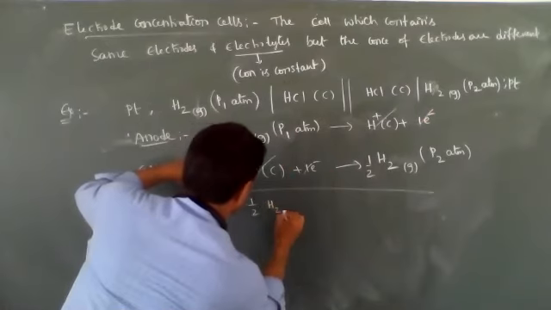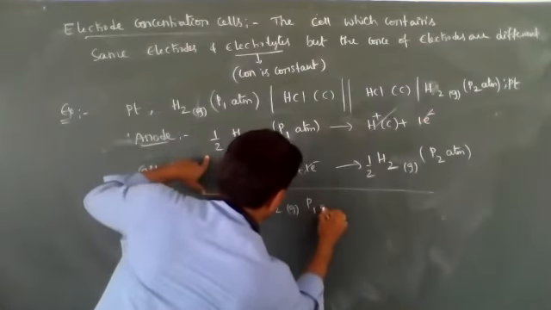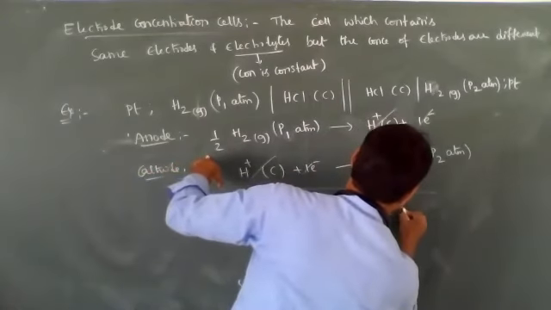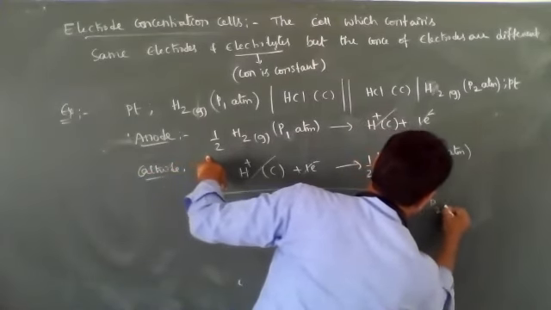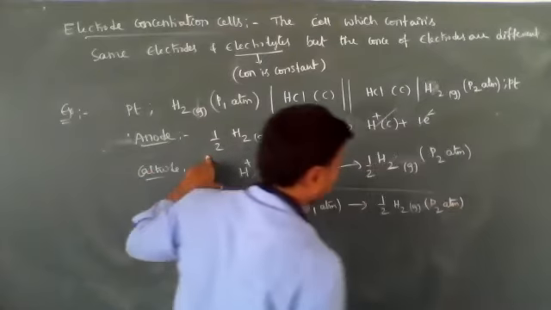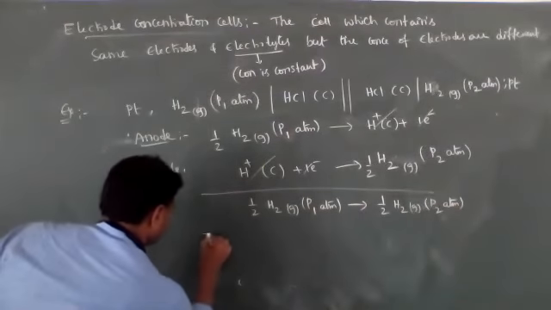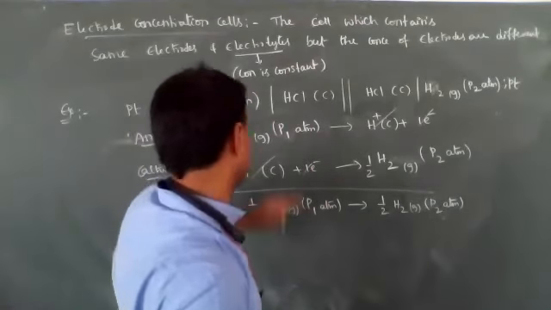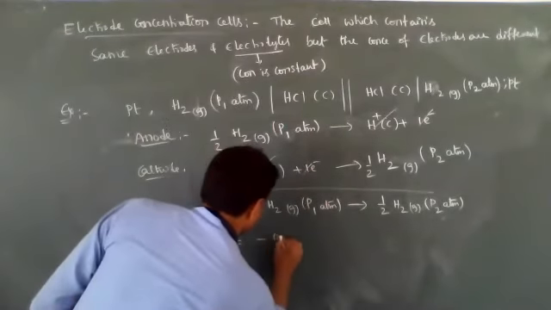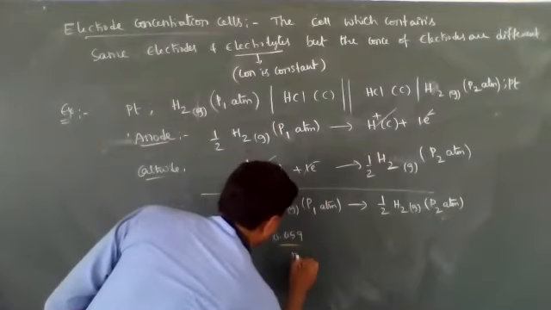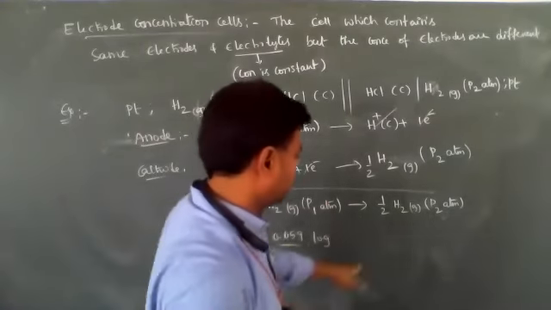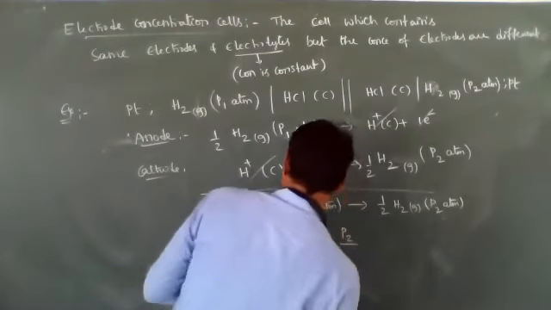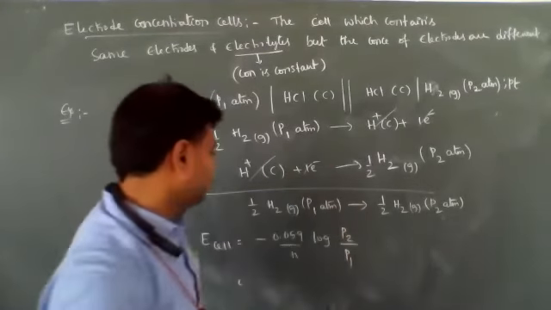Now the cell reaction is half H2 gas at P1 pressure converted into half H2 gas at P2 pressure. Now E cell is equal to E0 cell, which is the same, constant 0, minus 0.059 by n into log of product side H2 pressure P2 by P1.